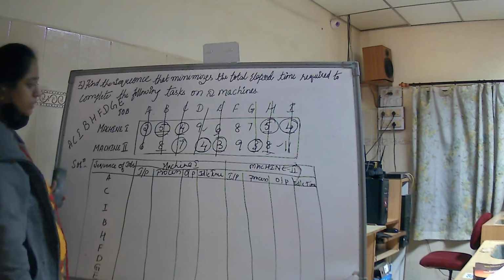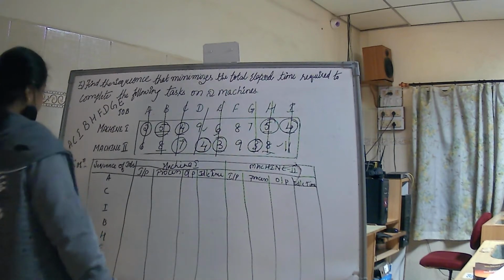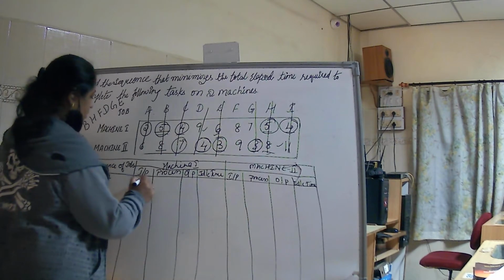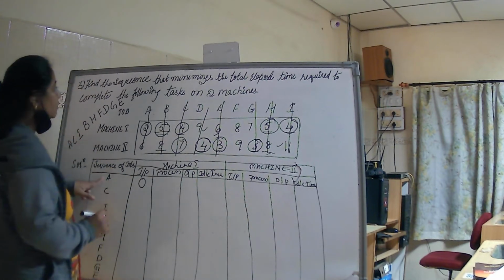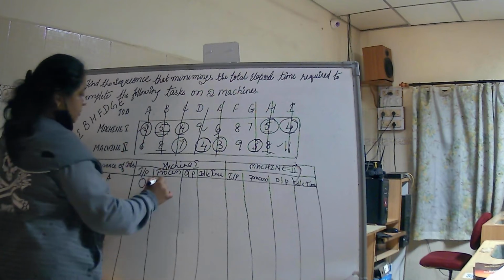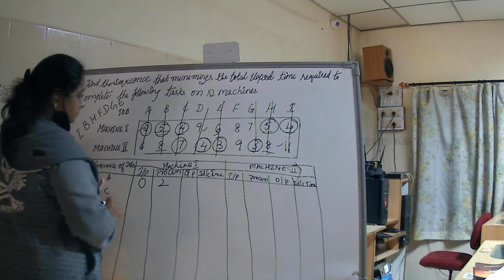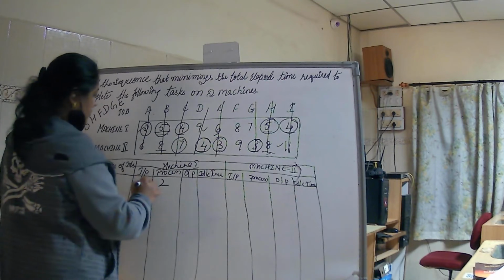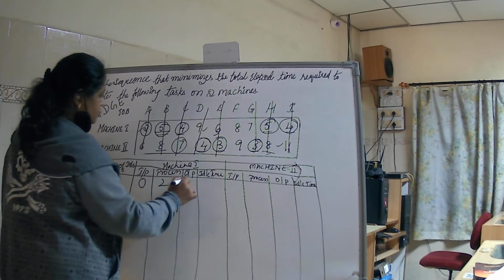Now let's calculate. As I told you in my previous problem, the input value always remains 0, so I take it as 0. The process value of A is 2 for machine 1, because I need to consider only machine 1 here. The output is the sum, 0 plus 2 is 2.